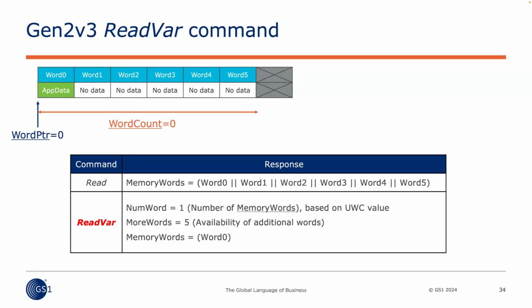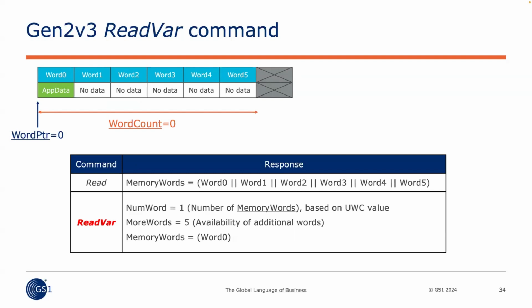So oftentimes to solve some of that problem in Gen2v2, we simply do a read command on user memory where we set word pointer to 0 and word count to 0, and we say read everything. So in this example here, where we have 6 words of memory, the read command would return words 0, 1, 2, 3, 4, 5.